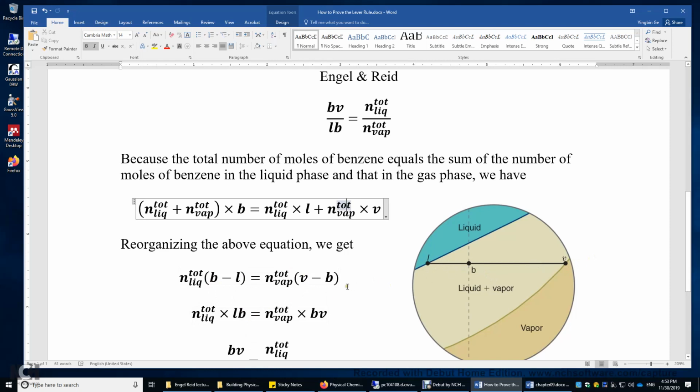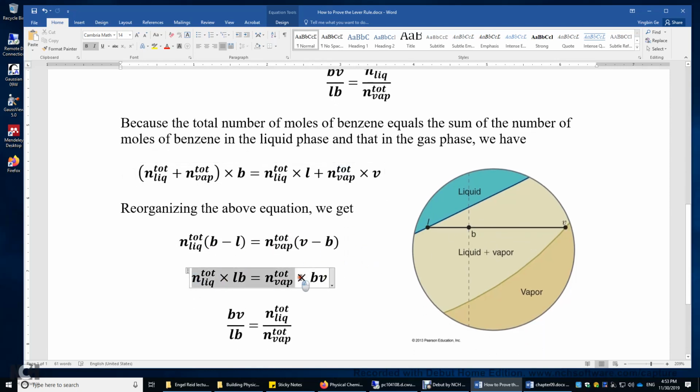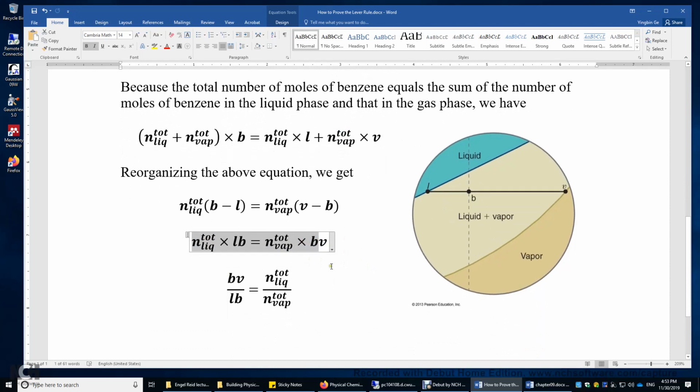V minus B is the segment BV. And then we have this equation, and it's clear now. BV over LB equals N liquid over N vapor. So this is the lever rule for a binary solution.